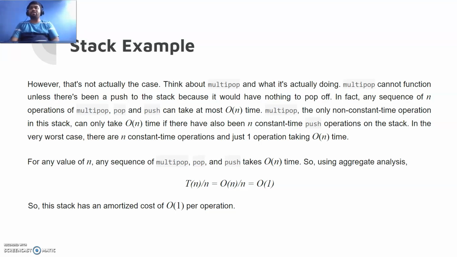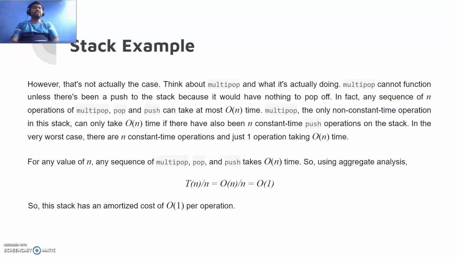So the only non-constant time operation in this stack, multipop, can take big O of n time only if there have been n push operations. So in the very worst case, there are n constant time push operations and just one big multipop operation that takes big O of n time. For any value of n, any sequence of multipop, pop and push takes big O of n time.